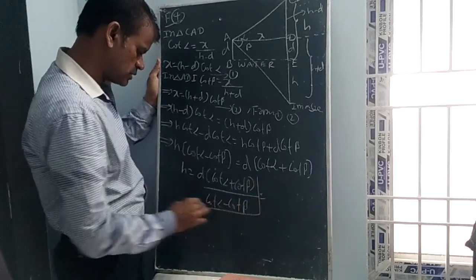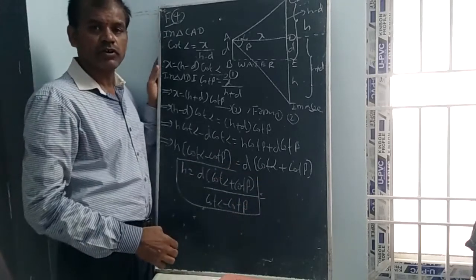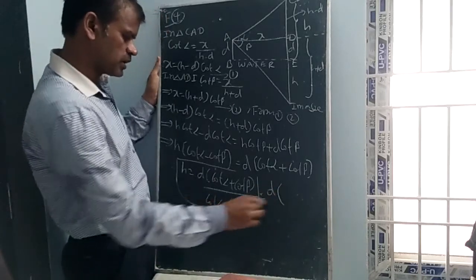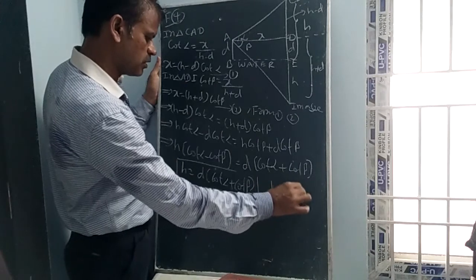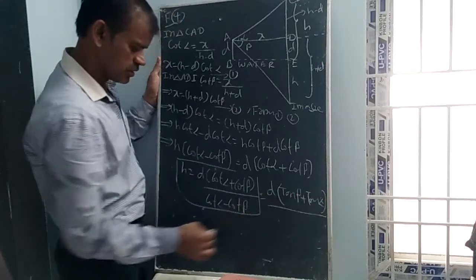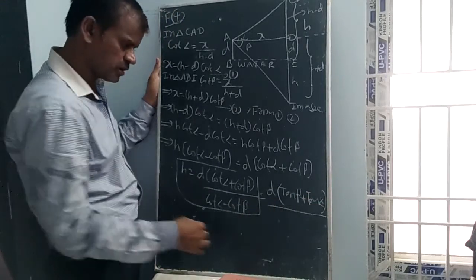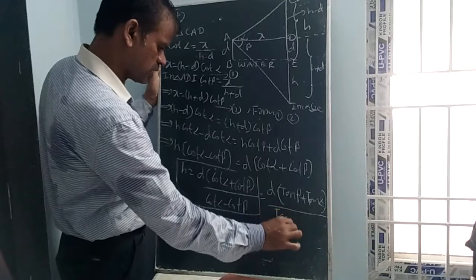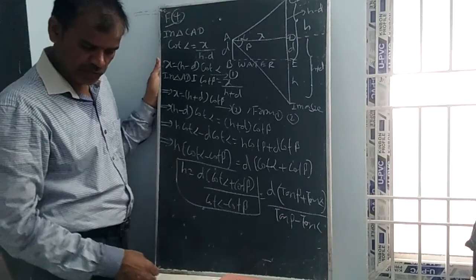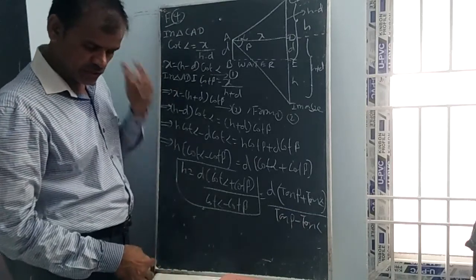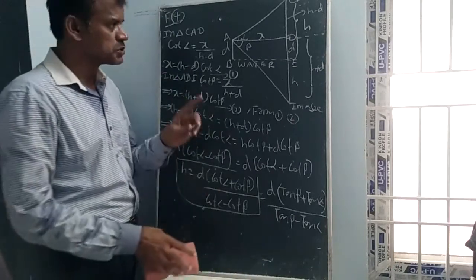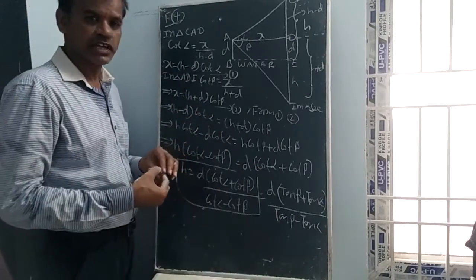Using cot alpha equal to 1 by tan alpha and cot beta equal to 1 by tan beta, it becomes the reciprocal. I think in our book it is given in terms of tan beta plus tan alpha by tan beta minus tan alpha. And d into cot is also given, but in sine and cos form.